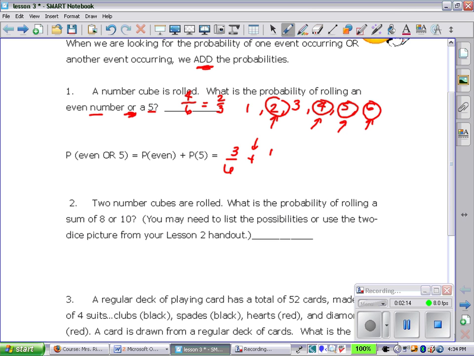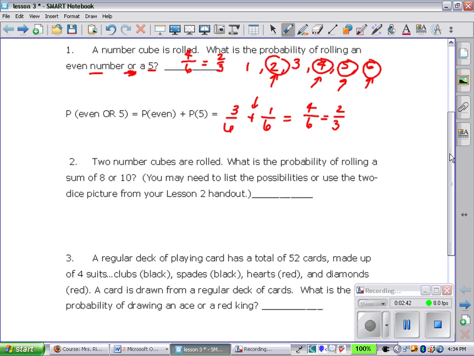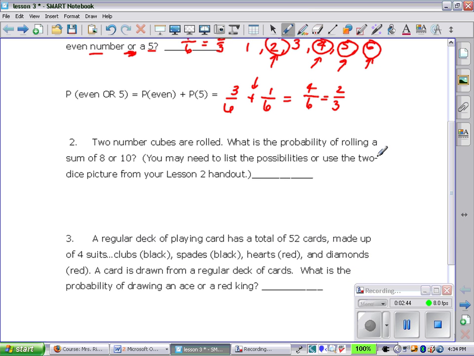There's only 1 out of 6 ways to get a 5. Add your fractions. Remember, when you add 3/6 to 1/6, you still have sixths. You just have 4 of them. Add your numerators, 3 plus 1 is 4, and the bottom number stays the same. Simplify that, and you get 2/3. So that's the calculation way, straight calculations, versus the draw, write out your possibilities.